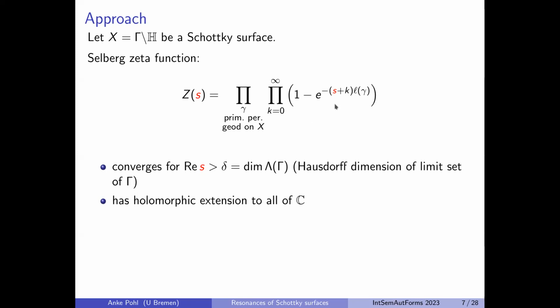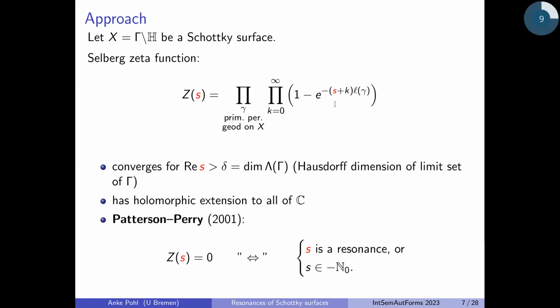What we know is that the Selberg zeta function converges if the real part of s is sufficiently large, and sufficiently large here is again the famous delta, which is also the Hausdorff dimension and the first resonance. And the Selberg zeta function, because it's a Schottky surface, has a holomorphic extension to all of C. For more general surfaces, it would just have a meromorphic continuation, but here we do have a holomorphic extension.